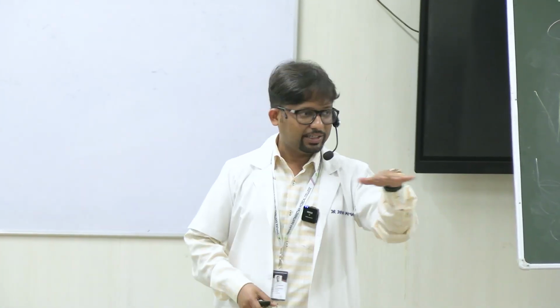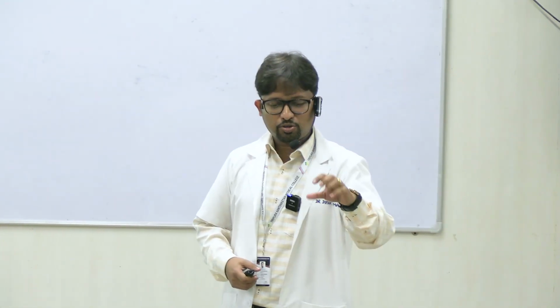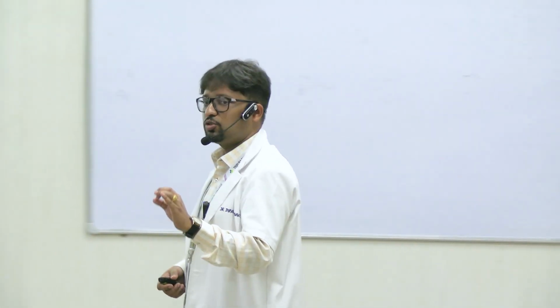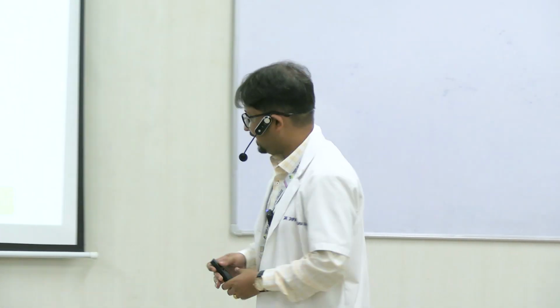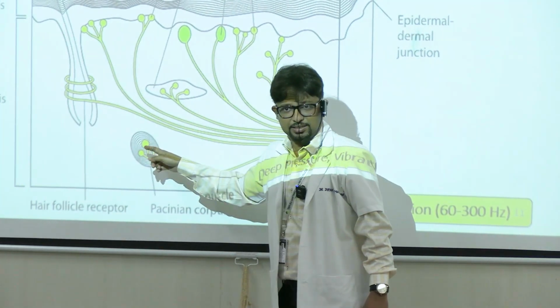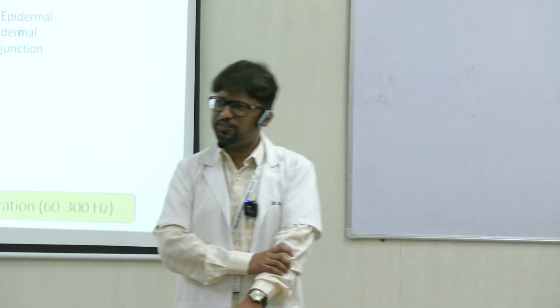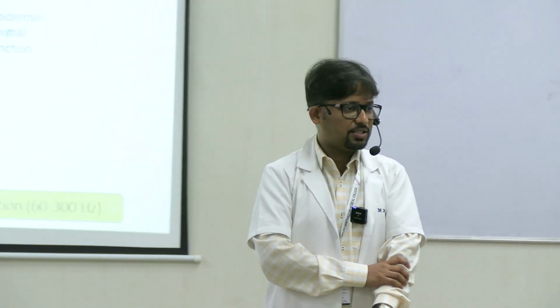So when a tactile receptor is stimulated, right, the superficial ones, if they are activated, the body perceives them as touch, right. Suppose the stimulus is held very lightly, the body identifies this as touch.